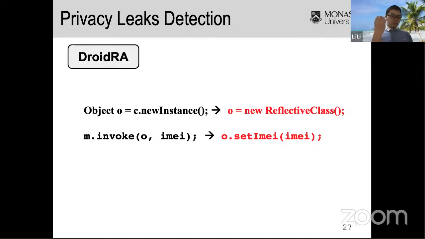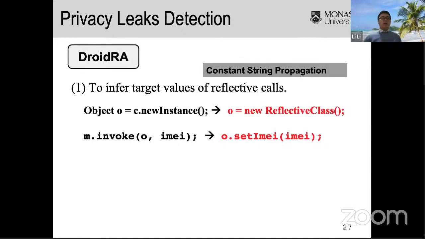So to mitigate this problem, we introduced a tool to the community called DroidRA, which in the first step tries to infer the target values of the reflective calls through the backward constant propagation as well. So in the first step, after scanning the code with backward analysis, we want to know what the reflective calls actually mean, right?